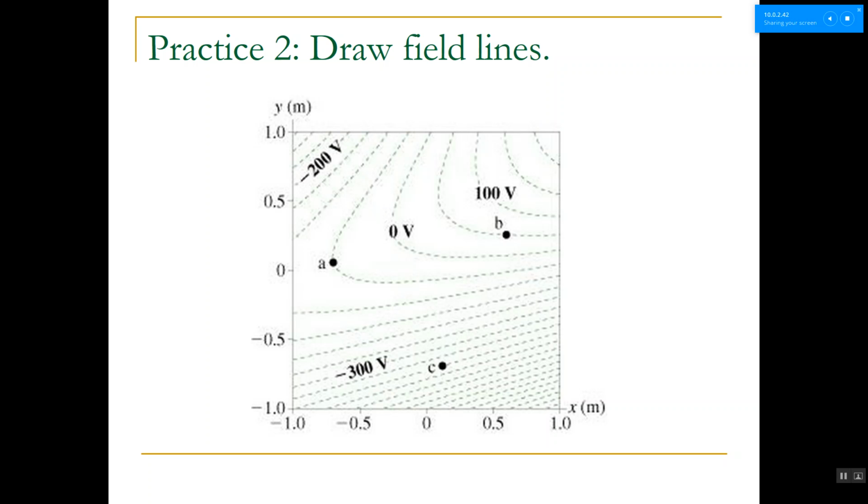You're going to have to draw 3 different lines. So remember, your electric field lines are going to go perpendicular to the equipotential lines. So if I were to draw the most simple one, there would be a line that passes through like that.